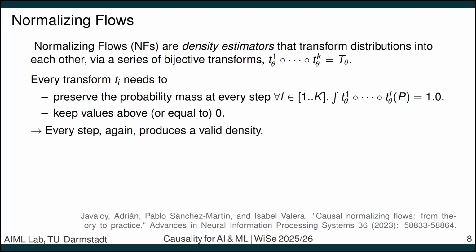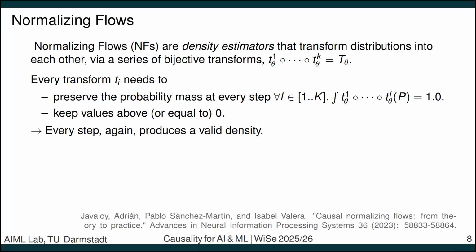So we basically transform this density that we observe into a standard Gaussian representation. And along the way, since this is a series of transformations, we need to make sure that every intermediate representation, and also the Gaussians at the end, are still valid probability densities.